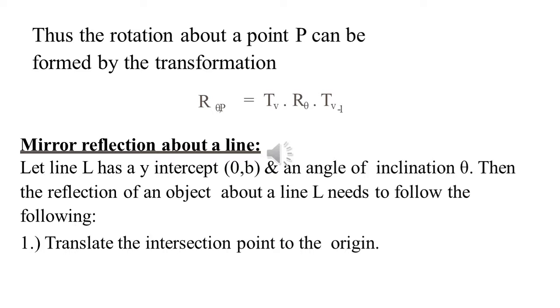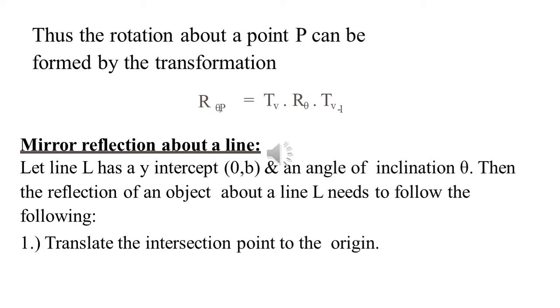Thus, the rotation about a point P can be formed by the transformation R(theta, P) equals T_v dot R(theta) dot T_v inverse.